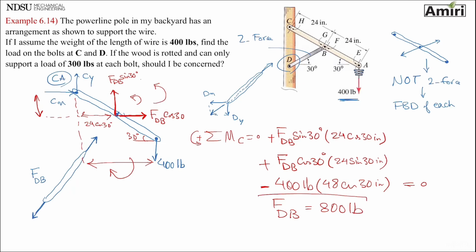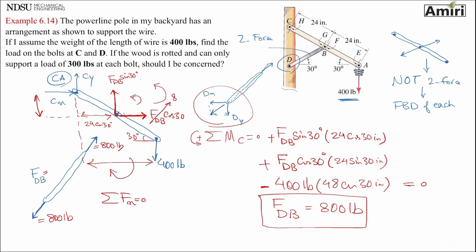Okay. Which is the force at point D. Because remember, this is now 800 pounds. The other forces that we are trying to find are Cx and Cy. So all I have left is summation of forces in x direction being 0.